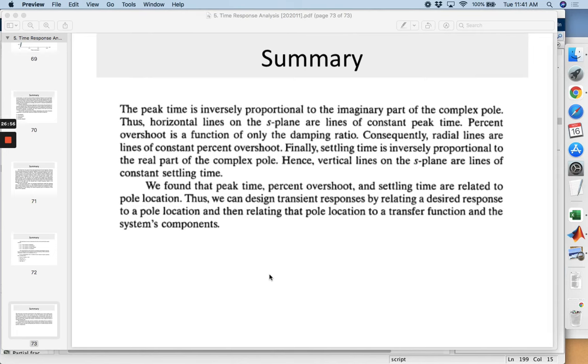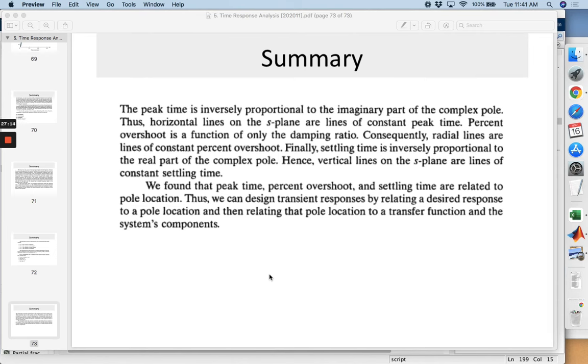And lastly, we have learned about the effect of zeros on the second order system. If we have a zero that is located near the dominant poles, it will affect the transient response.